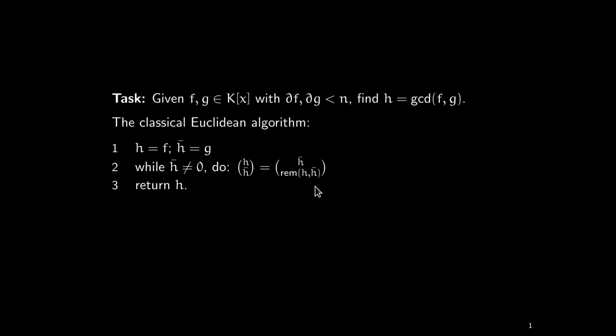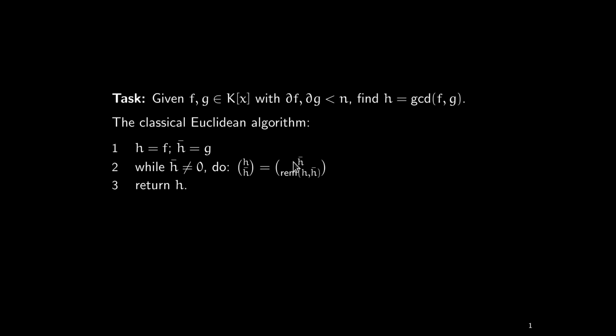On the other hand, we can repeat this update whenever it's non-zero, so there's no problem as long as this is non-zero. We can always divide, and the remainder will always be smaller than the thing by which I divide, so I'm replacing this component always by something that is smaller in degree.